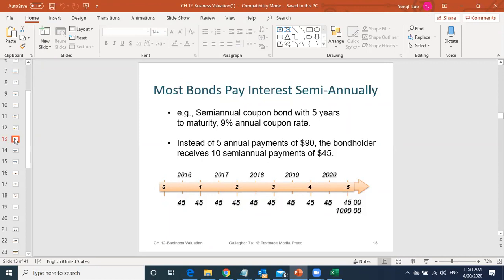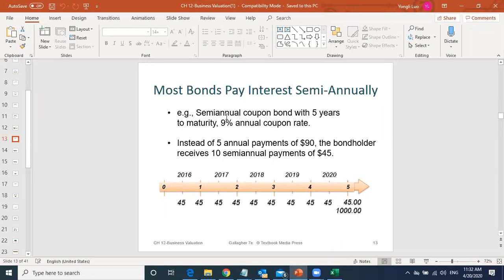It's the same thing with the bond. Most bonds pay interest semi-annually, which means the interest will be paid two times a year.